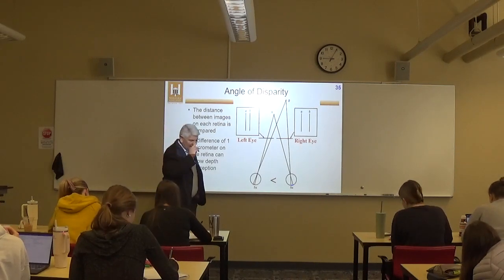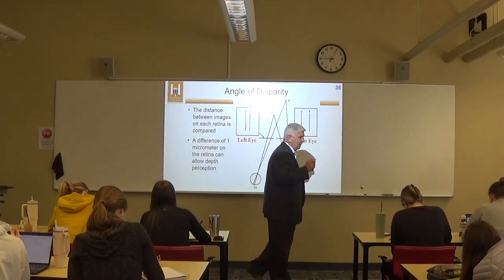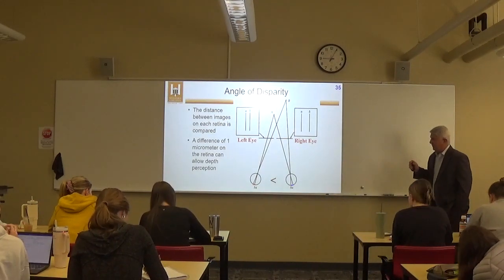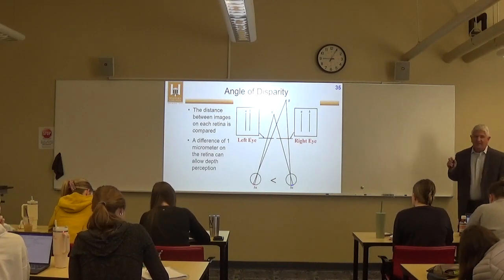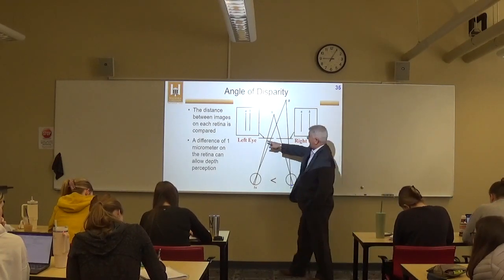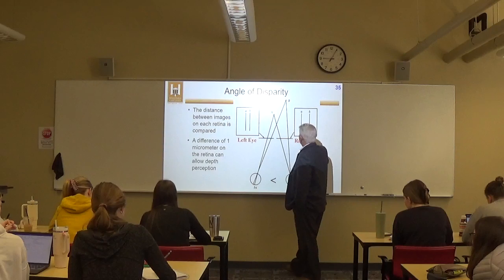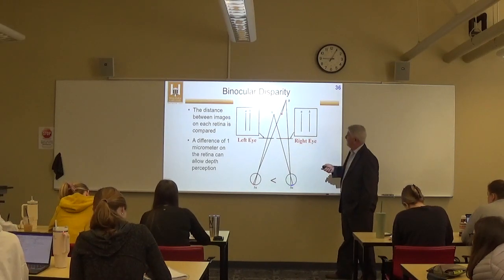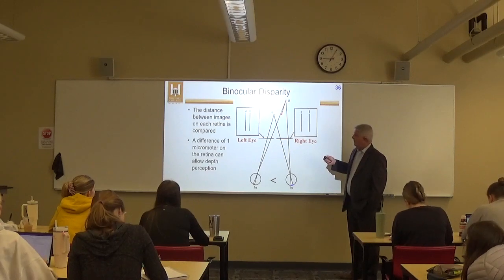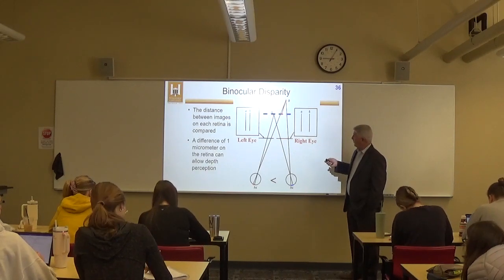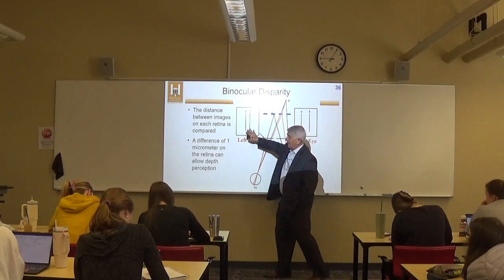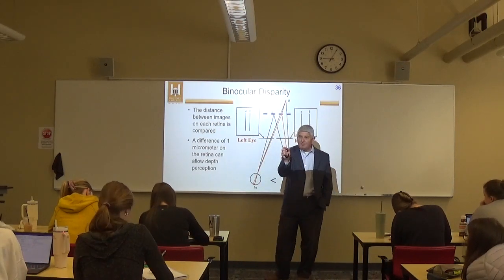Our retina can detect as small as 1 micrometer difference, and this helps us with that depth perception. Our brain is doing a calculation. And if I were to move point B up to be equal with point A, to be the same depth, now the distance in each eye is going to be the same.